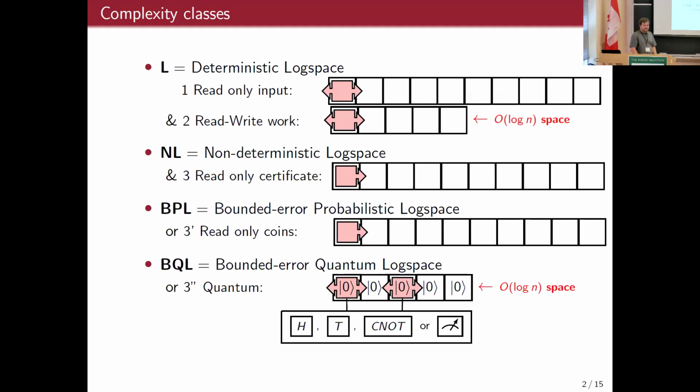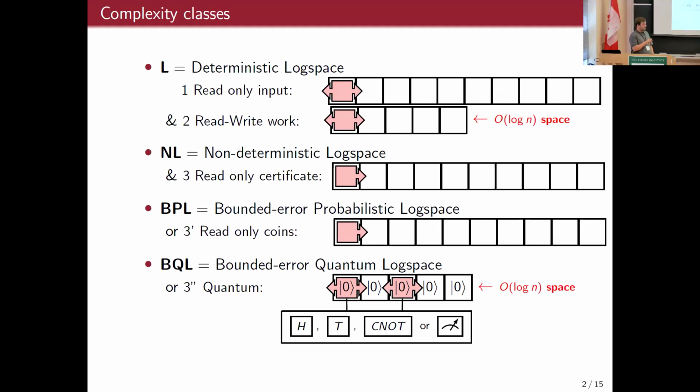And then we can also define bounded error quantum log space in this way, where we replace this random coins tape with a quantum work tape. Here we also have a space restriction on this quantum work tape. The tape cells of this tape are all qubits, and they are initialized in state 0 at the start of the computation. And we have two tape heads moving on the tape. At each step during the computation, we can do two things.